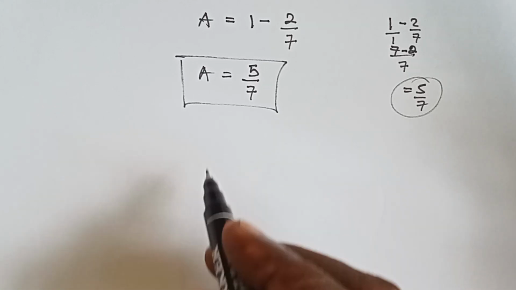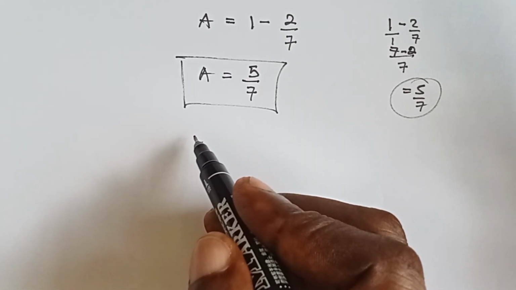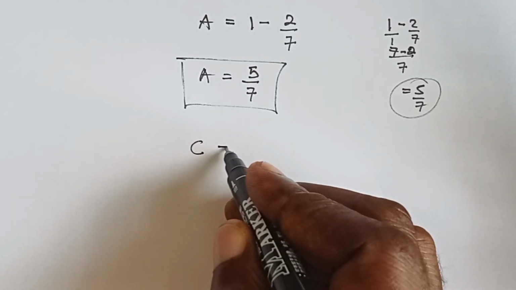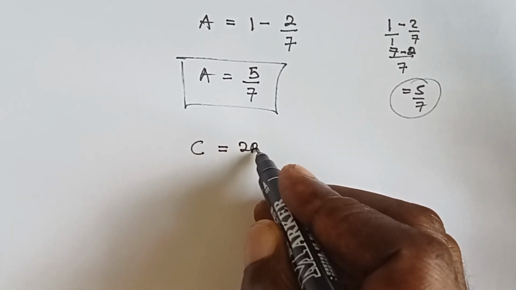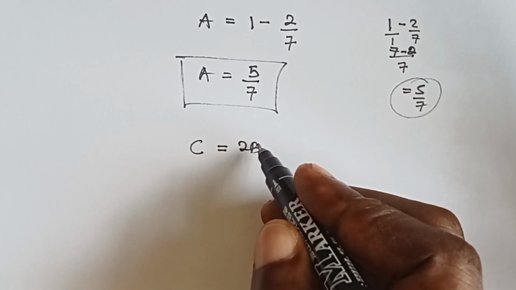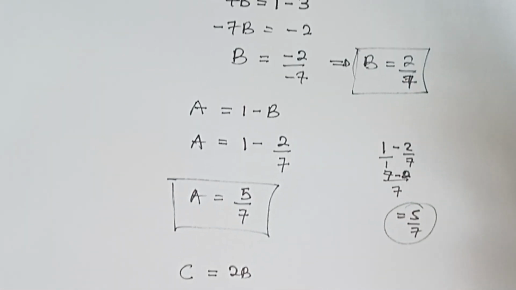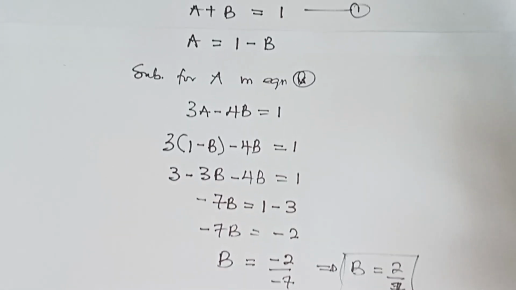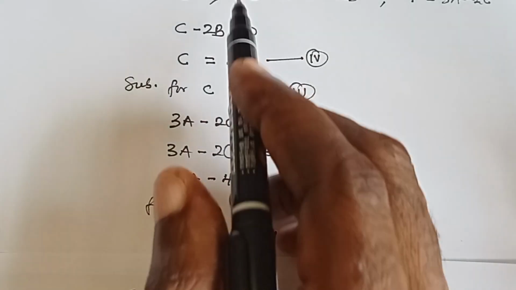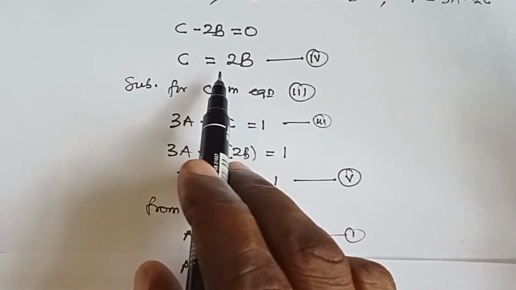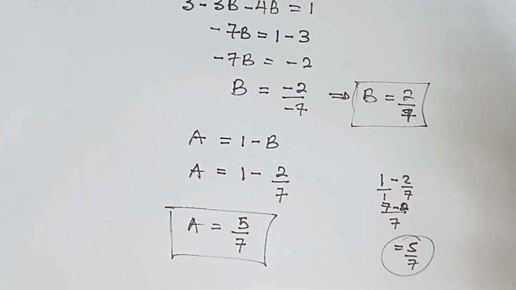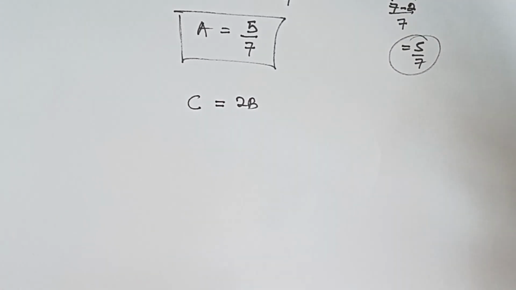Now finally, let's find c. To find c, let's use one of the equations that says that c is equal to 2b. Let me show us the equation where we have c equals 2b. That is equation 4. Okay, that is equation 4 that says c equals 2b, and that is what we can use to find our c.